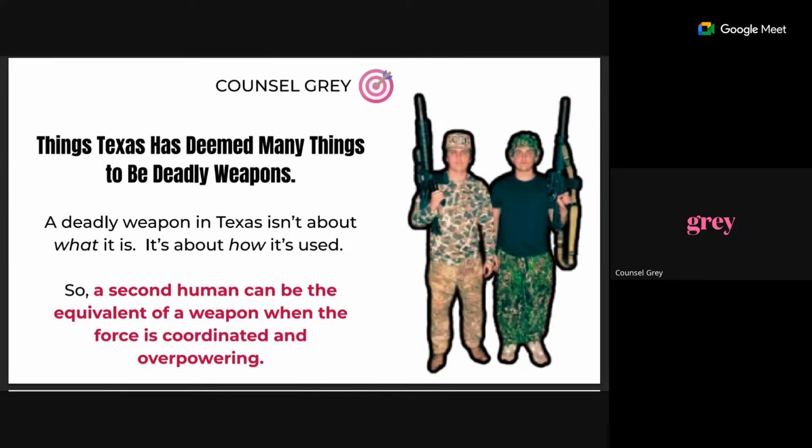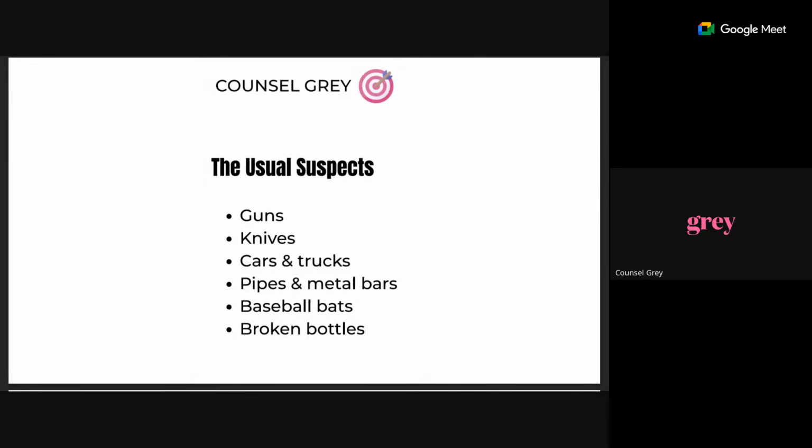Okay, so let's get into this because this is supported by statute and it is supported by Texas common law. The reason we're talking about deadly weapons here is because we're talking about what makes an otherwise simple or misdemeanor level assault, what elevates it into a felony assault.